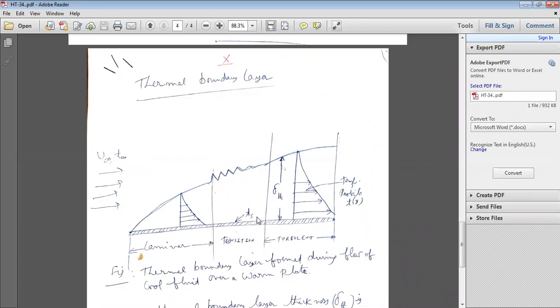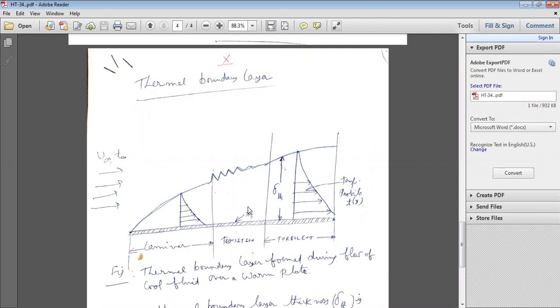In the earlier case, the hydrodynamic boundary layer, there is no heating. That's why only the hydrodynamic boundary layer is formed. There is only fluid velocity, no temperature. But if temperature is involved, the temperature of the warm plate Ts is the surface temperature, and T free stream is the temperature of the fluid.